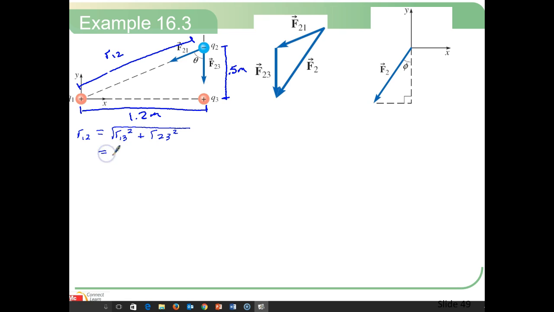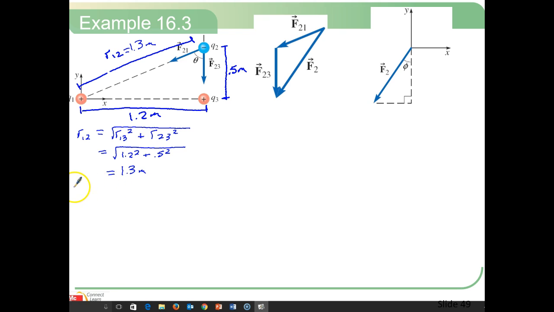Plugging those numbers in, this is equal to the square root of 1.2 squared plus 0.5 squared, and we end up with this distance equal to 1.3 meters. Great. So now we know the distance between charges Q1 and Q2, and we can move on.